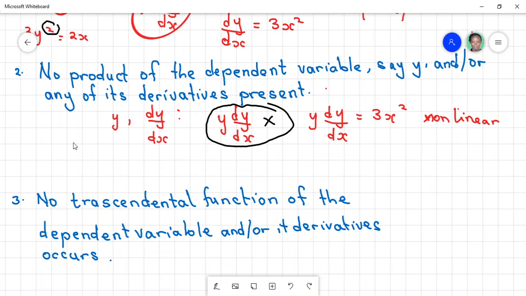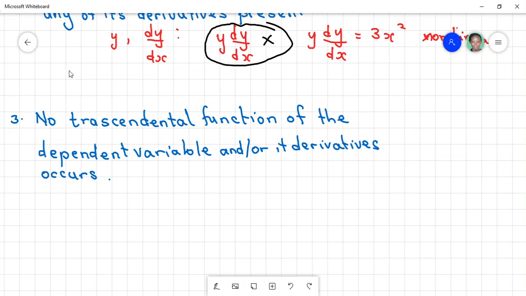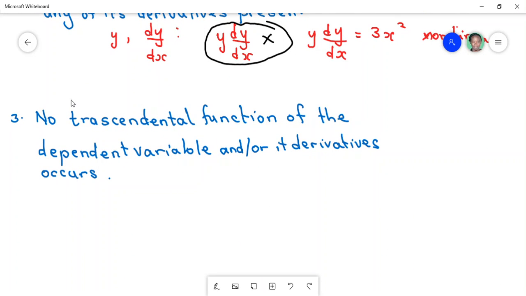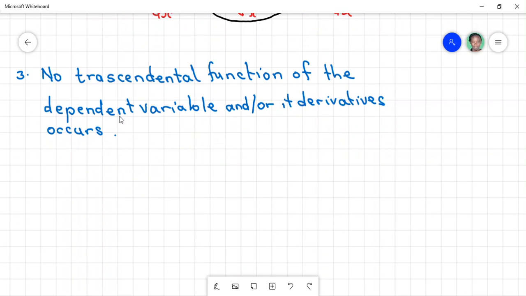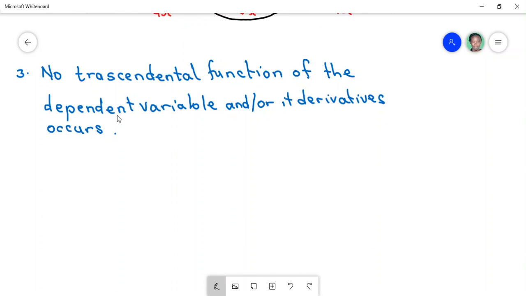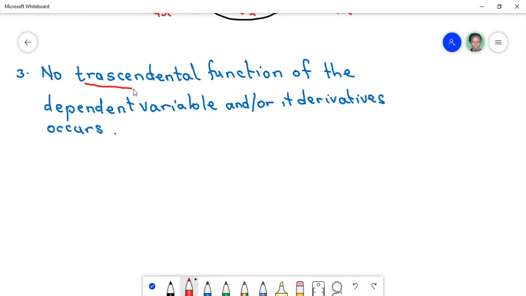Then the third condition says that you should not have any transcendental function. What are transcendental functions?